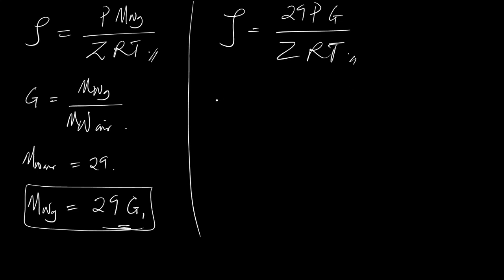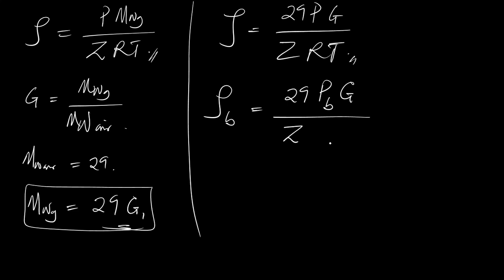Now that means at the standard condition, the density will be 29 times pressure at the standard condition times the gas gravity. The gas gravity does not change with condition, it's the same, provided there is no external component added to the gas.